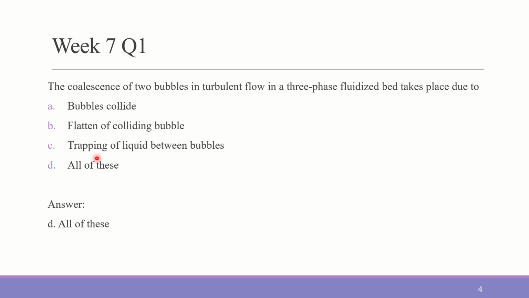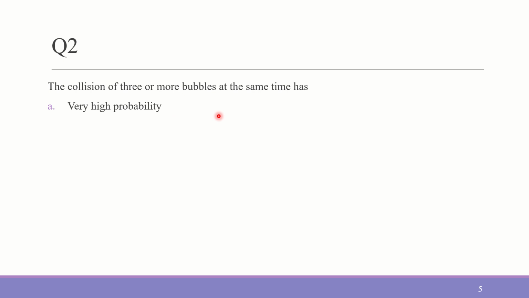Now we'll go to question 2. In question 2, it is given: the collision of three or more bubbles at the same time has dash. Option A, very high probability. Option B, low probability. Option C, moderate probability. Option D, very low probability. So inside the fluidized bed, what are the chances that more than two bubbles collide, like three or more bubbles collide?